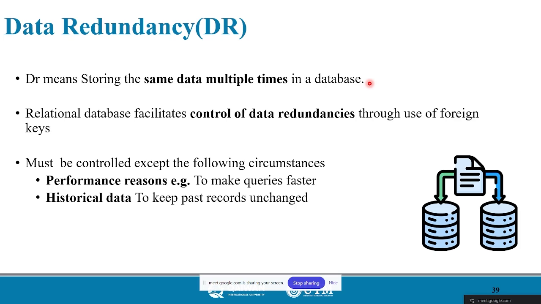We want to make sure that if the system administrator of some system, let's say the student system, changes one student's course registration, we will know who did that, how many times it changed, and what he changed it from and to. In that case, we will also need the data redundancy, except for the performance reasons and historical data.